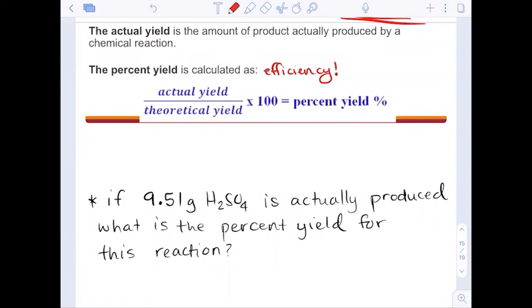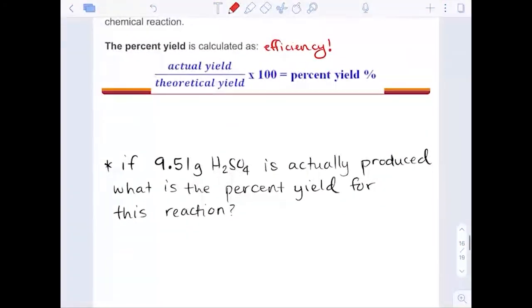The theoretical yield is a calculation-based answer. An actual answer could look like this next subsequent hidden part, letter B. If 9.51 grams of H2SO4 is actually produced, what is the percent yield for this reaction?